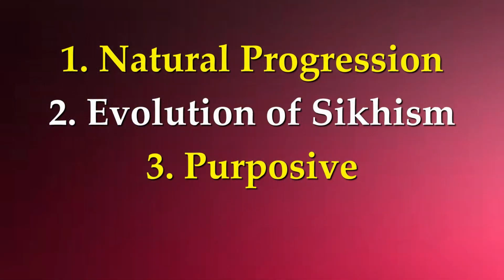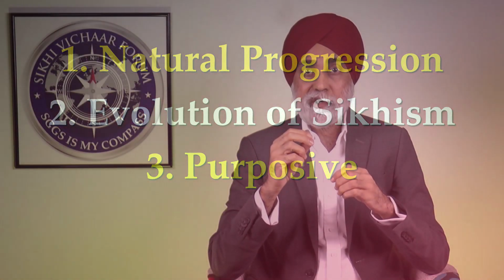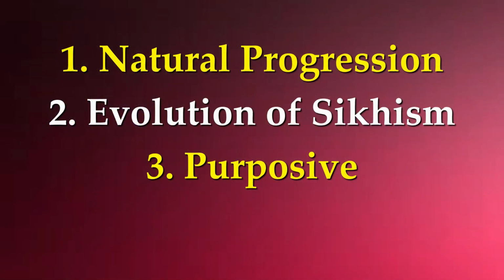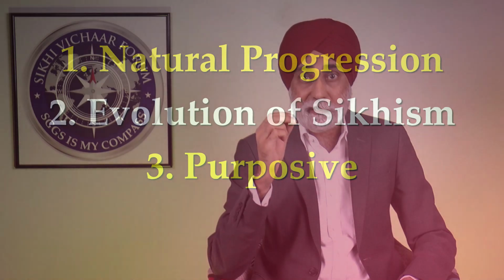The third possibility is that it was a purposive process, that the clergy was created to serve certain ends, certain goals, and certain purposes. But the third possibility, a purpose-filled one, is particularly relevant to the Sikhi of Guru Nanak, as we shall see shortly.